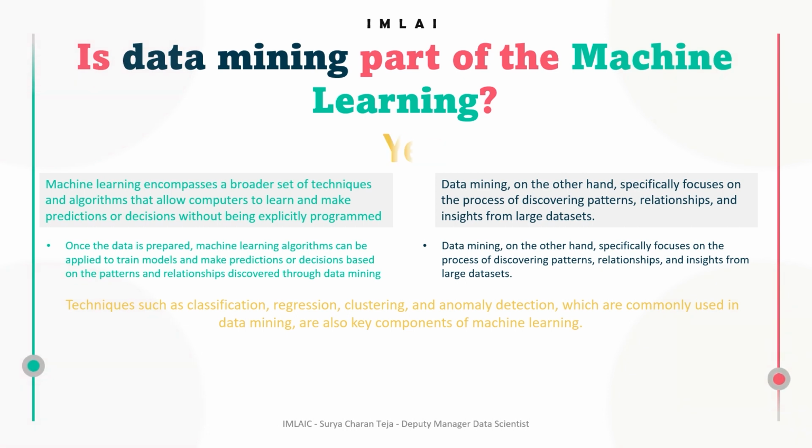So, in summary, data mining is a subset of machine learning that focuses on the process of extracting insights and knowledge from data, while machine learning encompasses a wider range of techniques for training models and making predictions or decisions based on the discovered patterns.